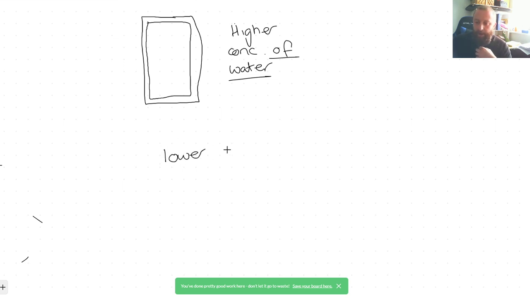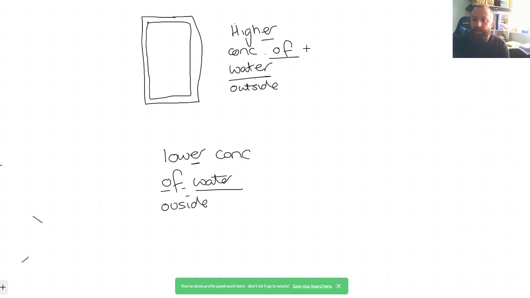This way we're going to have a lower, by saying lower, that means from inside the cell. Okay? Now, in this case, if we've got a higher concentration of water, this is outside of the cell. This means the water is going to move into the cell. So in this instance, it's going to move in. In this case, it's going to move out.